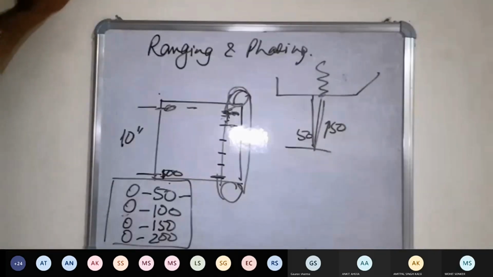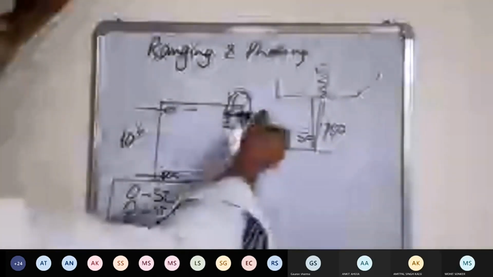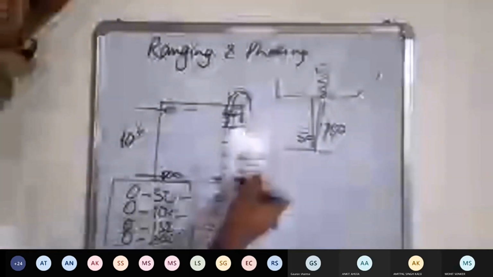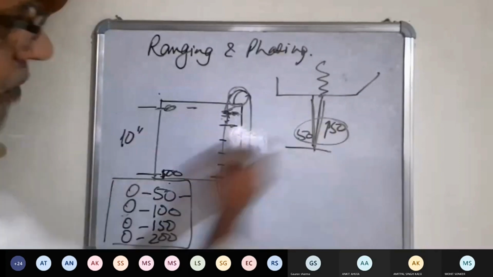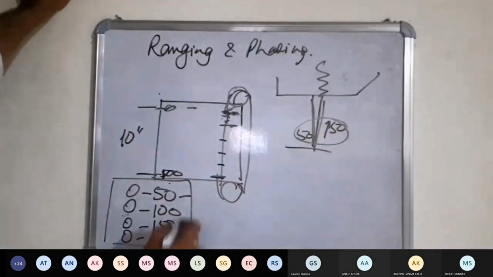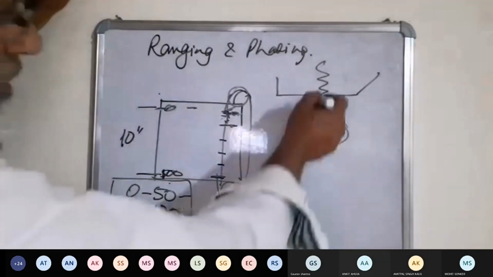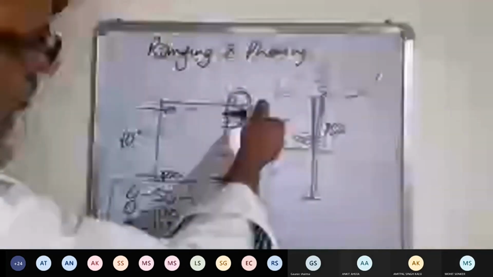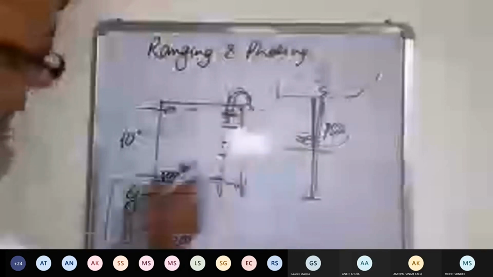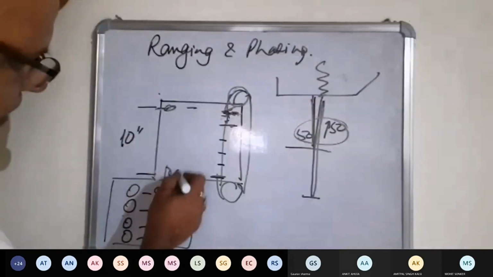When we are saying 0 to 50, that means it will be moving from top to bottom in the time the wave travels 100 meters. In second range, because the wave has to go longer distance and come back longer distance, so the stylus speed will become slow. Now it is 100 meters here.